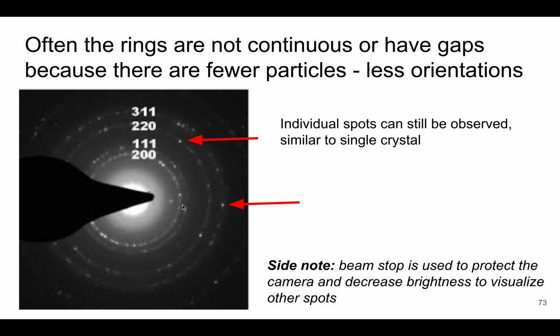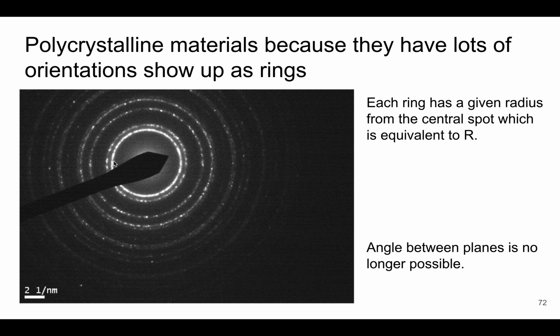This just means that we have fewer crystals or particles, and therefore fewer orientations, and it becomes less continuous in these cases. You might notice those in some of the polycrystalline samples that you see, because you are seeing certain orientations, but then there are gaps where you don't see anything. That just means that there's less material, fewer crystals and fewer orientations than a more continuous one like you see here.